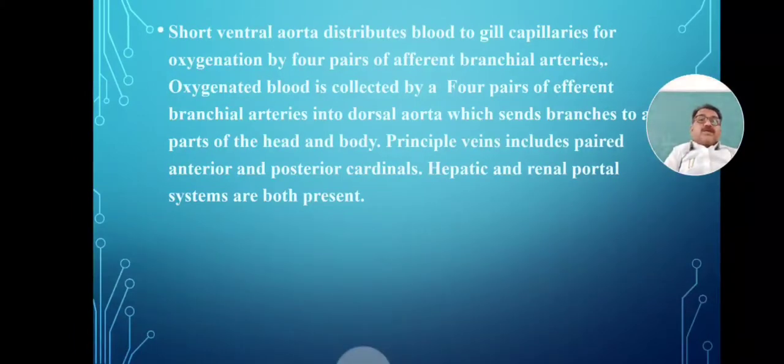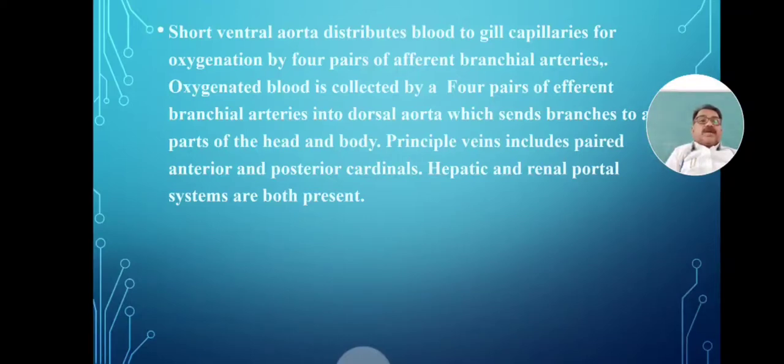The short ventral aorta distributes blood to the gill capillaries for oxygenation by 4 pairs of afferent branchial arteries.